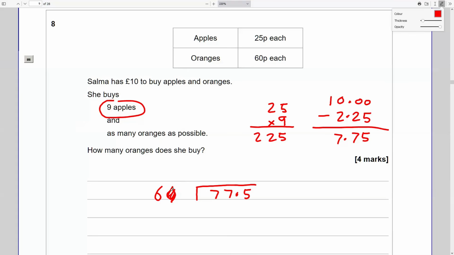Just make it easier than just going 60 into it. 6 into 7, 1, right? 1 6 is 6. 6 from 7 is 1. Put the 1 there. 6 into 17 is twice. 2 6s are 12. That's it. And then that would be 5, and you'd be left with 0.55 left over. Okay, the answer I think is 12.